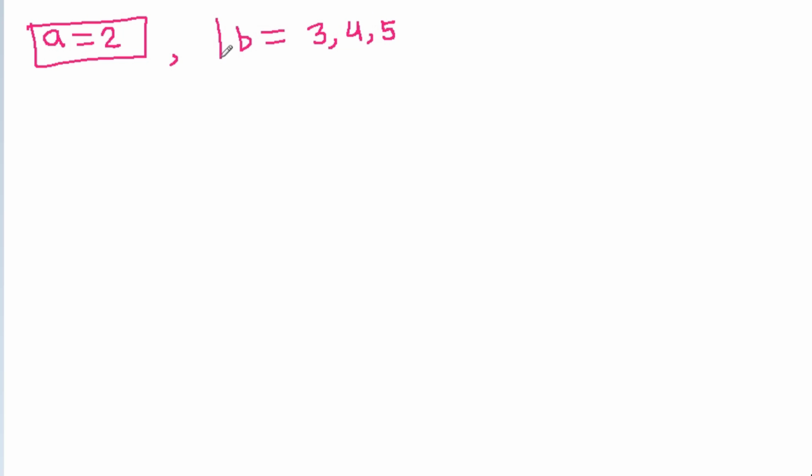So we get a is equal to 2 and b is equal to 3, 4, 5.